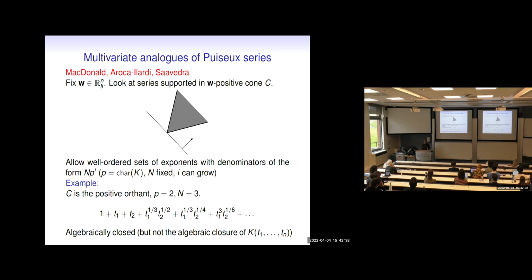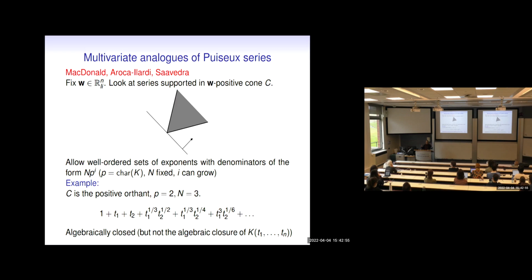And I'm asking that the set of exponents that show up be well ordered with respect to that total ordering. And again, I'm going to ask that the exponents, the denominators, all have the form n times p to the i.